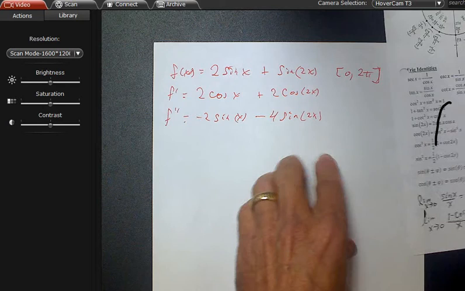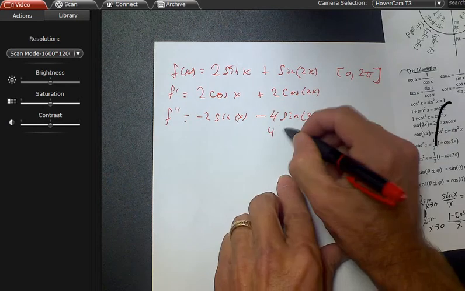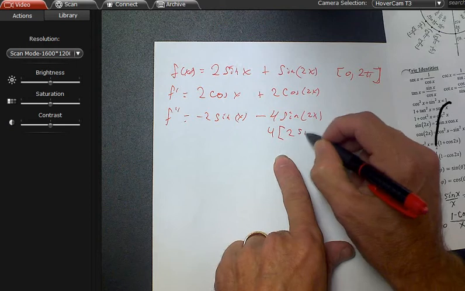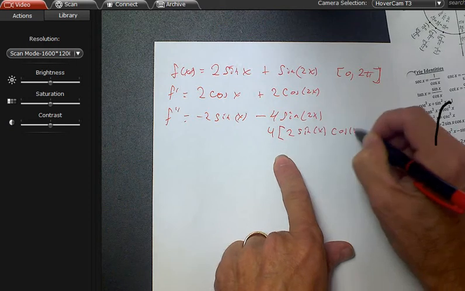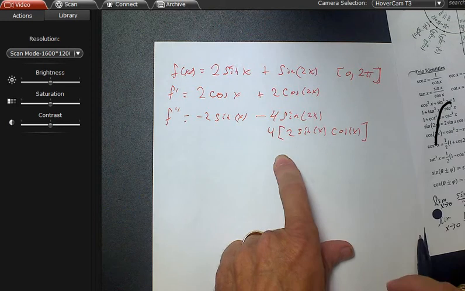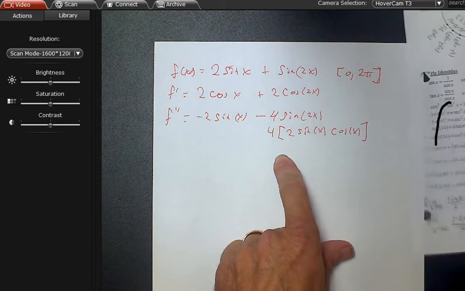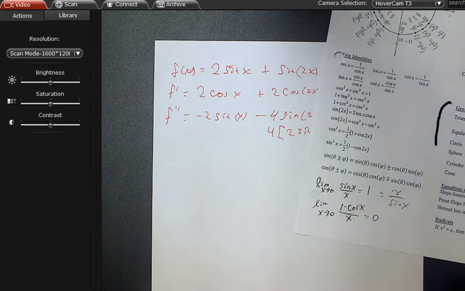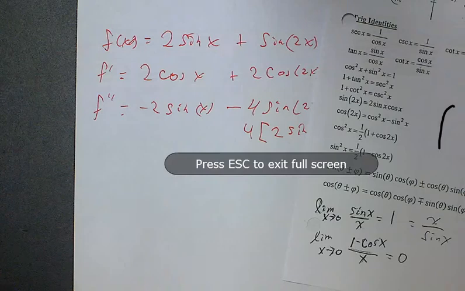So that's 4 times 2 sine of x cosine of x. Are we okay with that? You have to have that trig transformation right there.